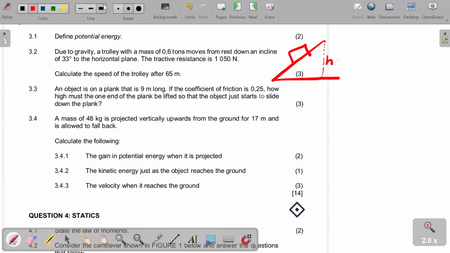We want to know how high the side of the plane must be lifted up, considering the fact that the plank is 9 meters long. So the object is probably sitting right at this point here, because it will have to slide down the incline.